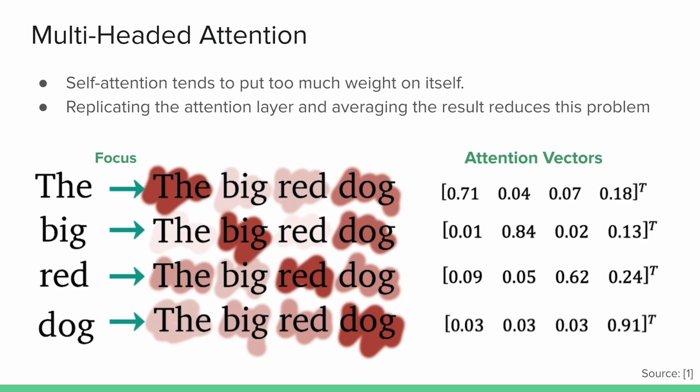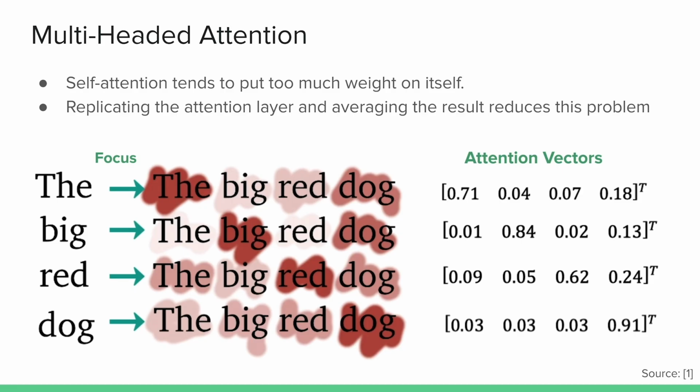And one more thing for this attention block here is that, unfortunately, if we use this self-attention, the network pays a lot of attention to itself, to the word the. It's obvious that the word is related to itself, but it's not really useful.